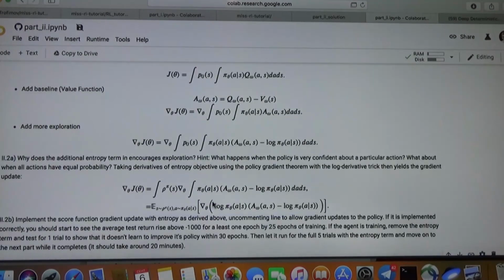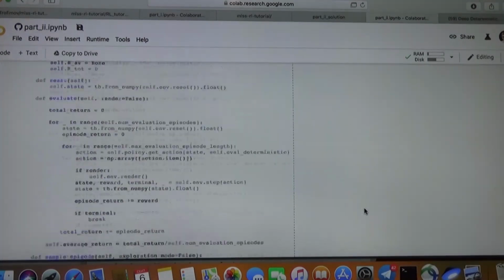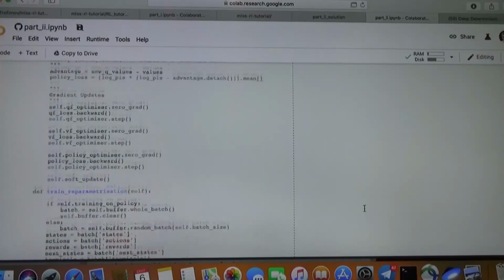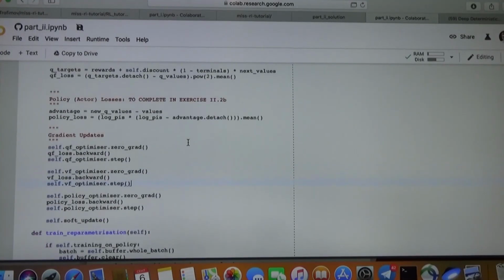It is this equation. So one question for you, if you follow me: why do we need to call the detach method for the advantage function? In PyTorch, calling detach means that we do not calculate gradients for this tensor.